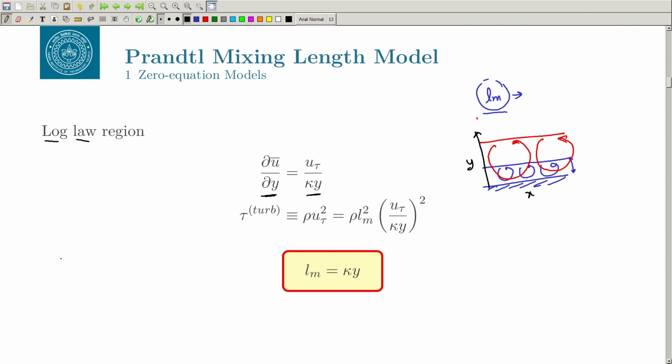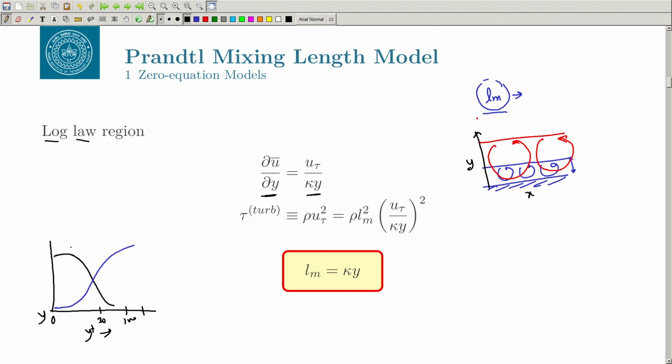The viscous stress goes down like this, it is very high near the wall. This is my y, and the other stress, the Reynolds stress, goes like this. Your viscous stress decreases. Let me call this distance y, very close to the wall 0, and this y plus, around maybe 30 or 100.